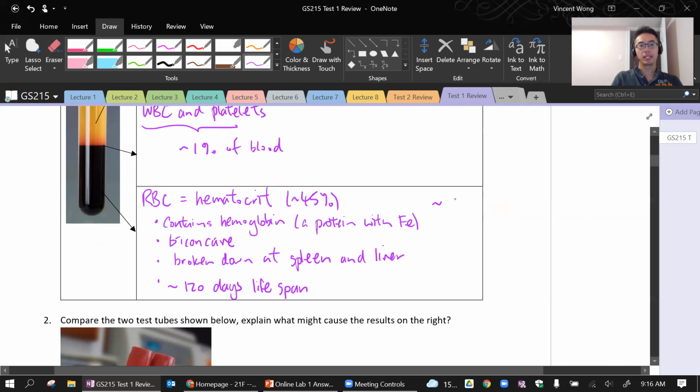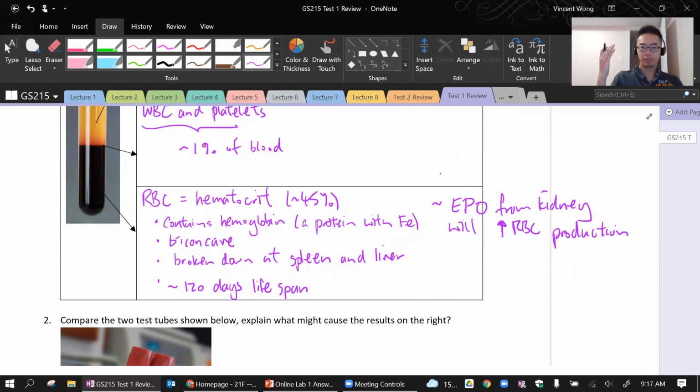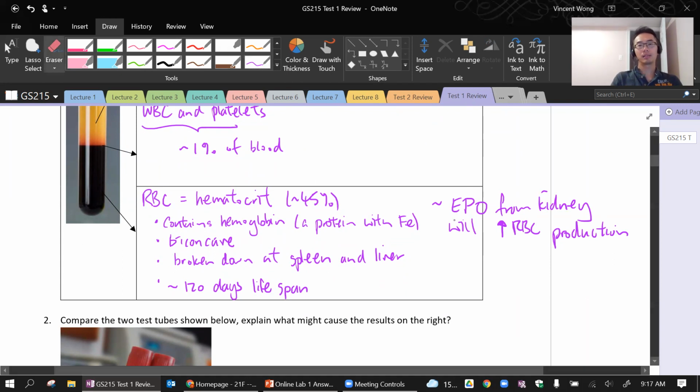EPO, erythropoietin from the kidney, will increase RBC production. So remember, if I ask you what increases RBC production, EPO. If you move to higher altitude and stay there for a week, what hormone will be released? EPO.